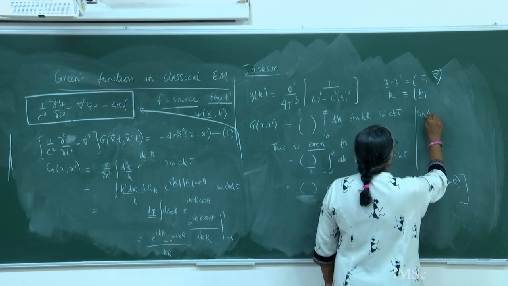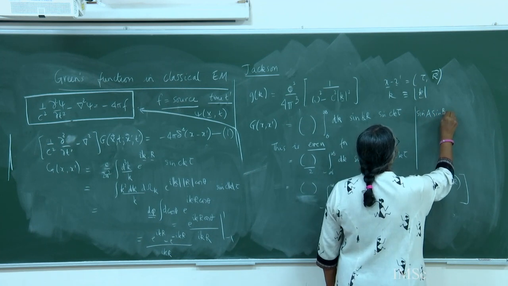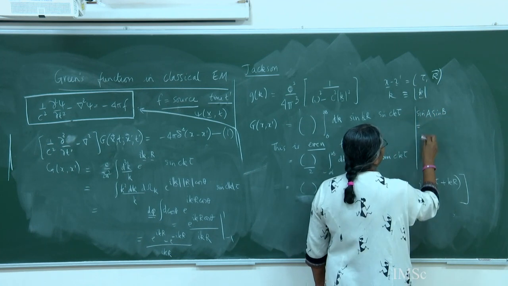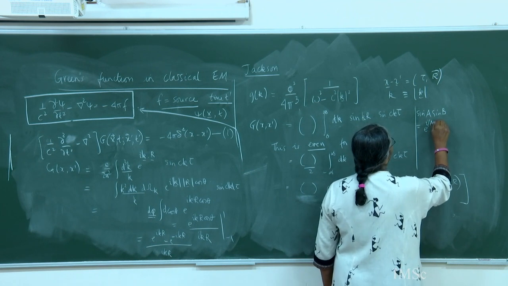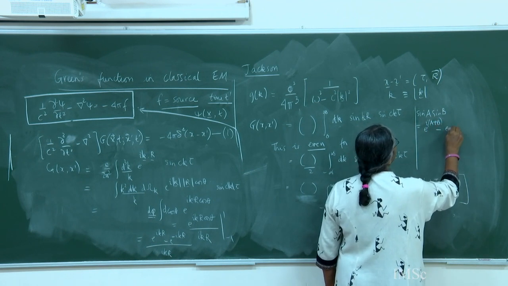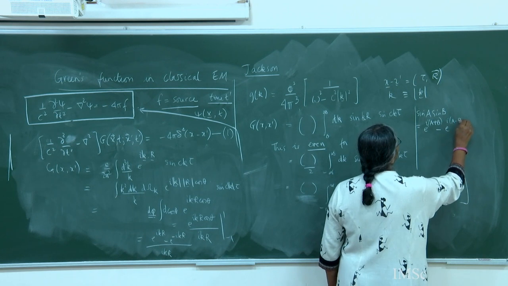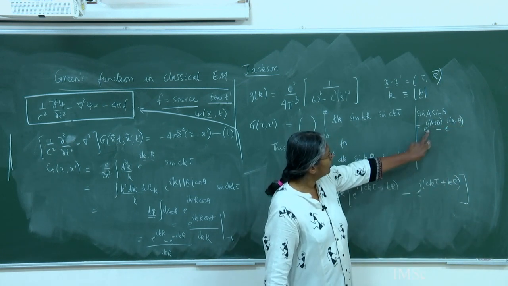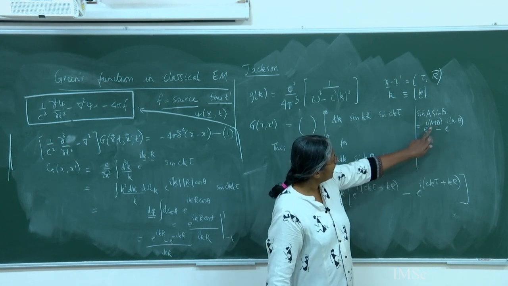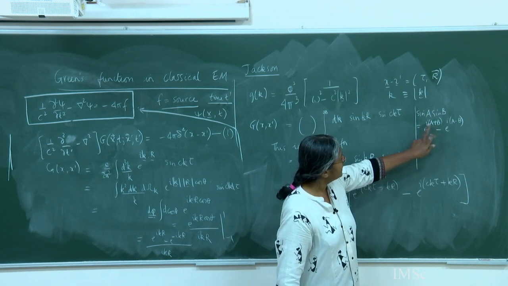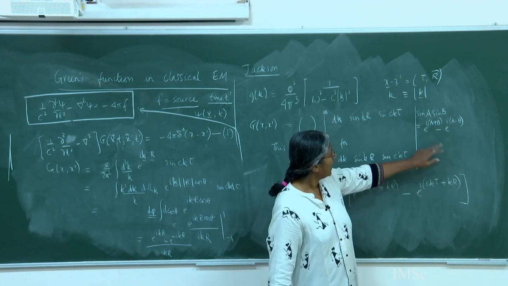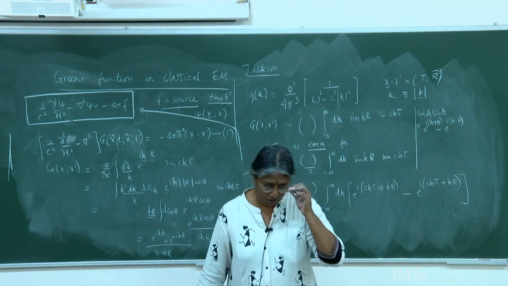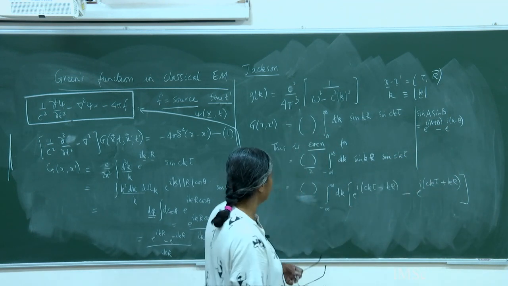Yeah, okay. Sin A sin B, you can write as e to the i A plus B minus e to the i A minus B. Now you write e to the i A plus B as cos A plus B plus i sin A plus B, and you use the formula for cos A plus B, and so on.